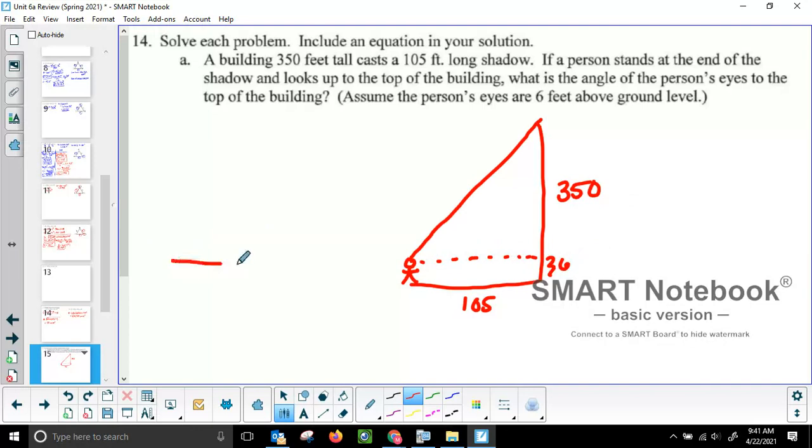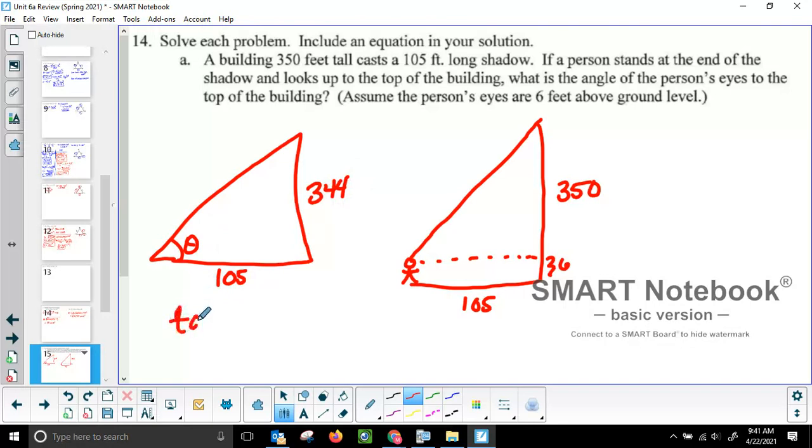If I'm just looking at that triangle with the dotted line, 350 minus 6 is 344, and this is 105, and I'm looking for this angle theta. This is the opposite, this is the adjacent. So what trig function am I dealing with? Tan. So the tangent of theta is equal to the opposite over the adjacent. If I want to solve for theta, how do I break apart tangent?